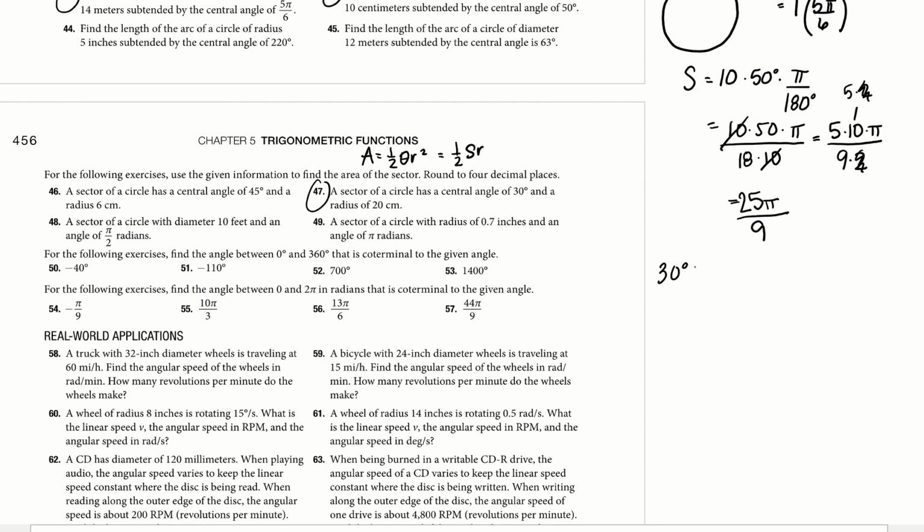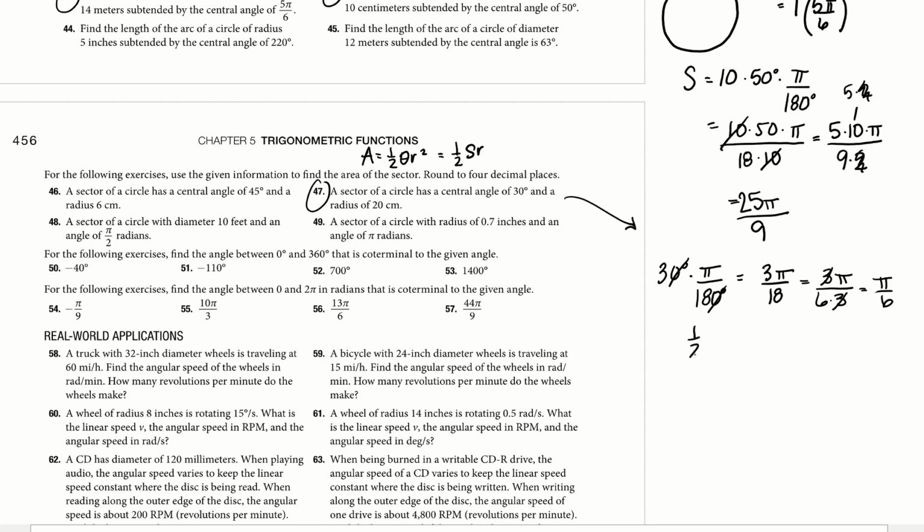We need to put that in radians, so we're going to multiply that by pi over 180. These zeros and degree symbols will cancel, so we'll get 3 pi over 18. 18 is 6 times 3, so these 3's will cancel and we will get pi over 6.